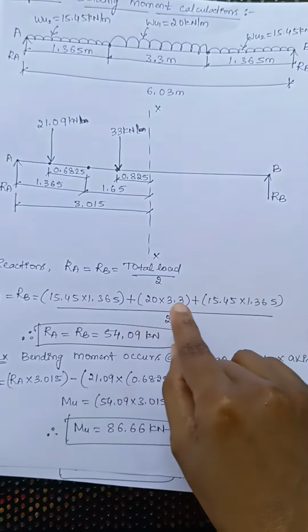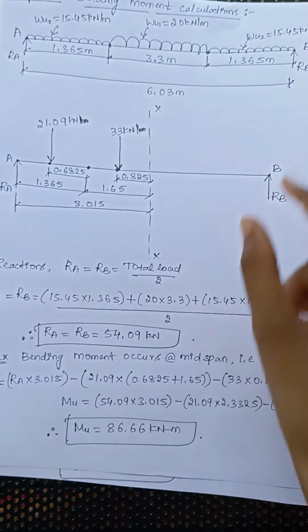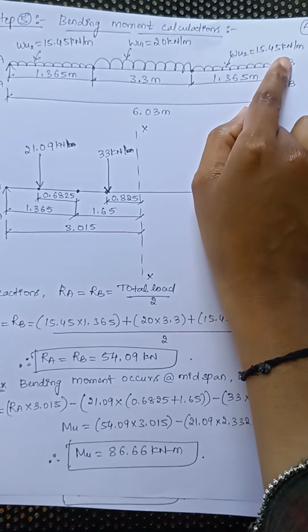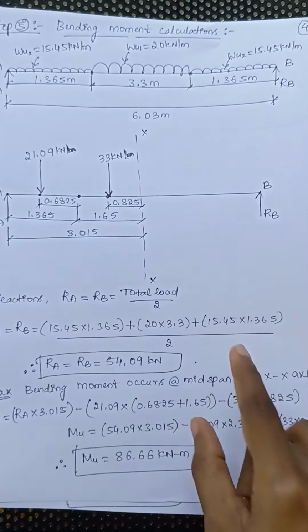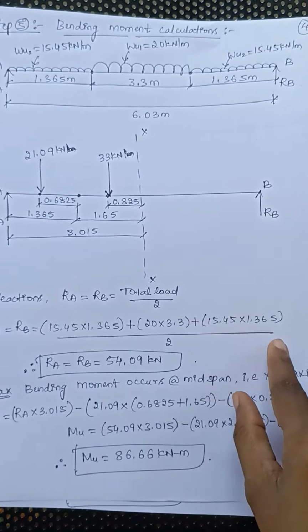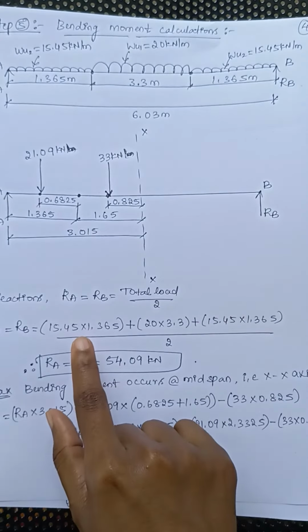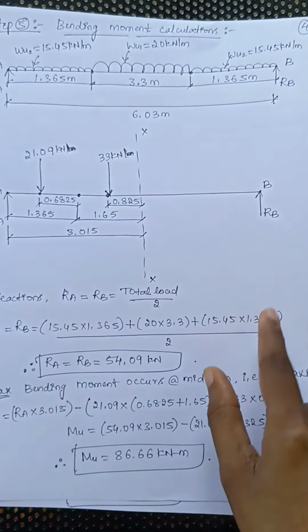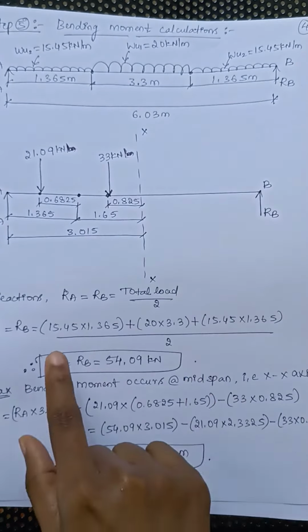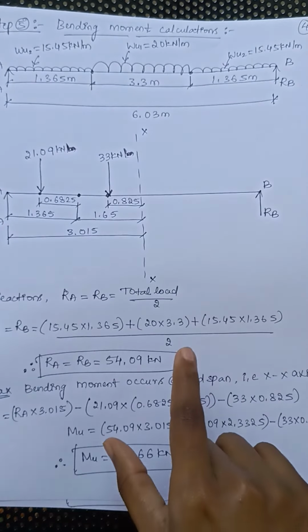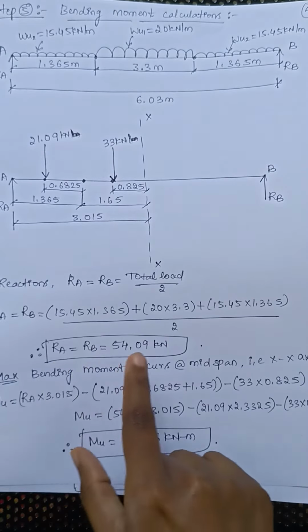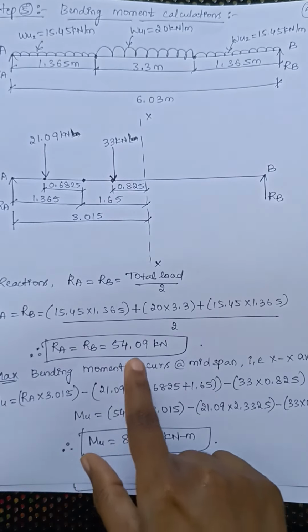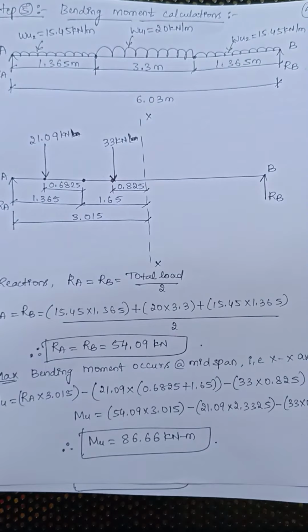Let us multiply 20 with 3.3. Then plus the third UDL of 15.45, acting again at a span of 1.365. Let us multiply 15.45 with 1.365. So that gives you the total load which is acting on the overall slab. So divide the whole thing by 2, and then you simplify it. On simplifying, you will get the reaction value of RA and RB as 54.09 kilonewton.